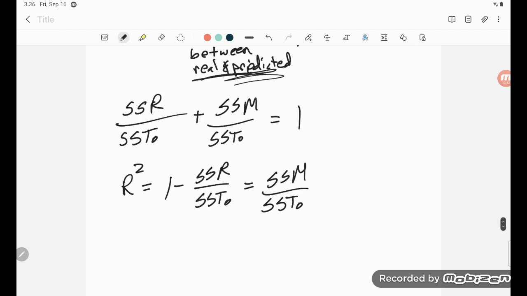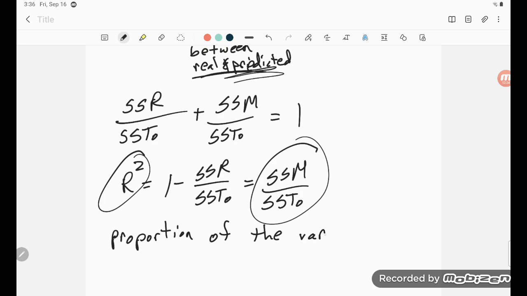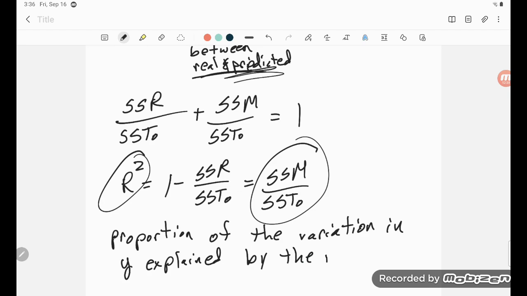And so this is the proportion, you see. So r squared then is the proportion of the variation in y explained by the model.